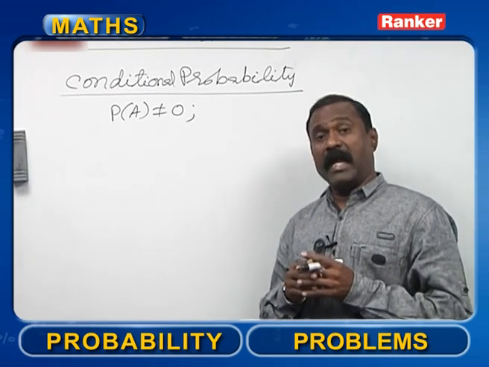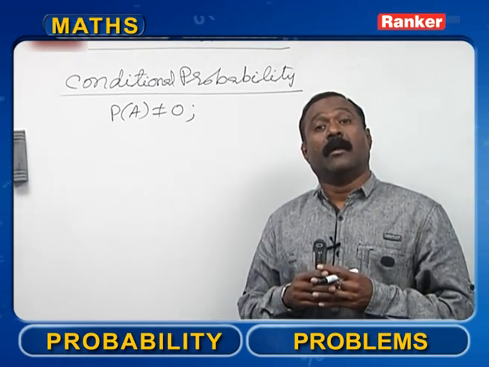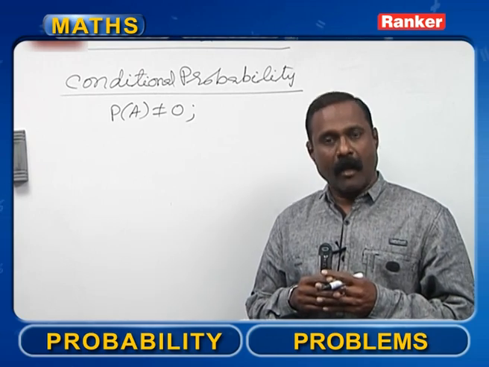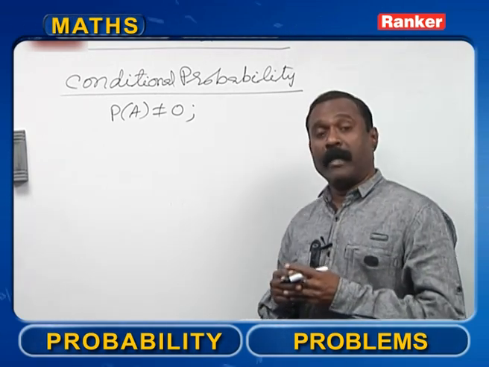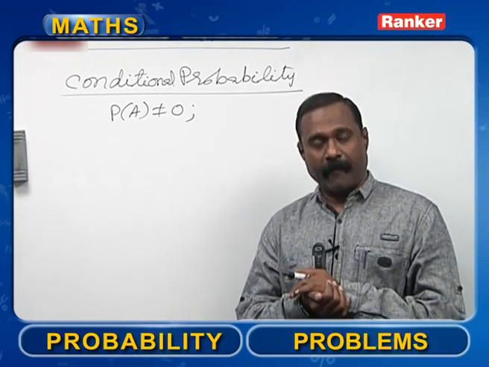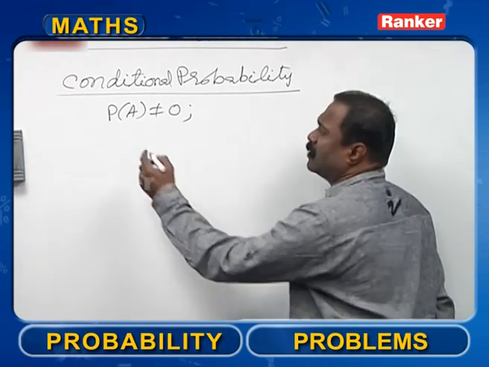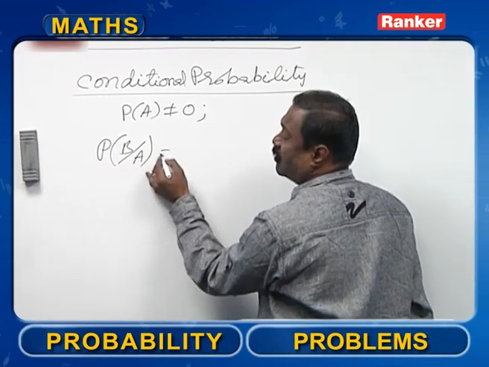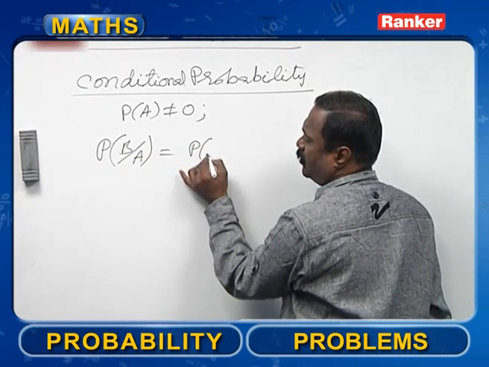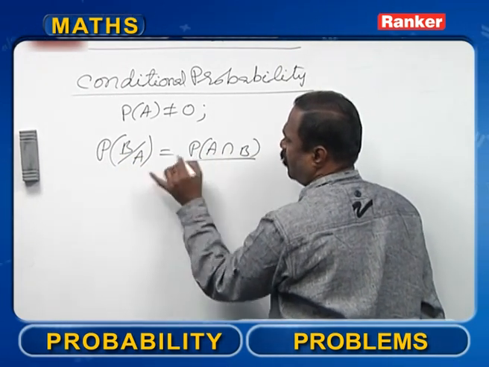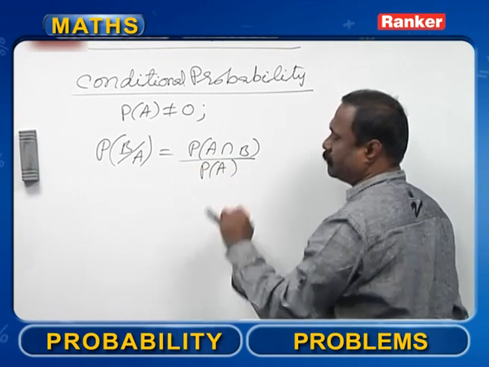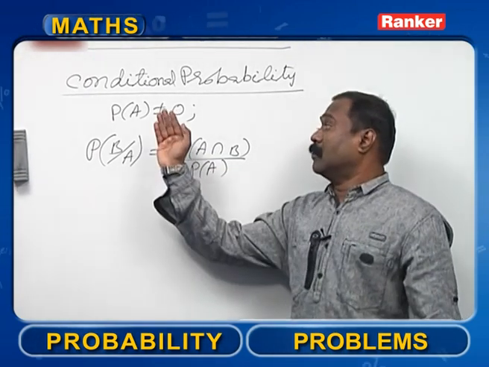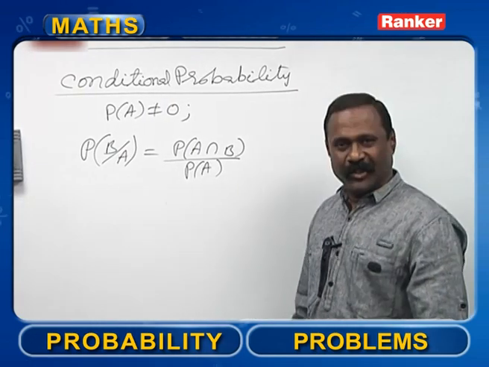I repeat, let A and B be any two events of a sample space S, and P of A not equal to 0. Then the probability of occurrence of an event B after the event A is defined as P of A intersection B upon P of A. Because it is in the denominator, we defined that P of A is not equal to 0.